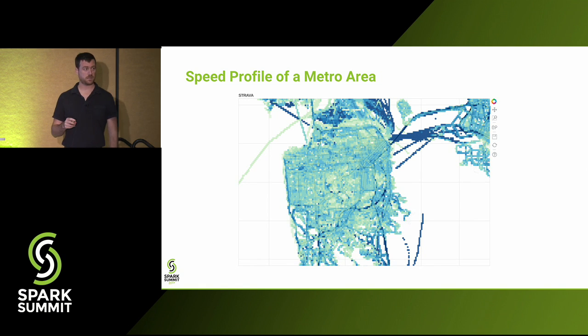So the thing that jumped out about this to me when I was looking at it was, first, it was kind of typical. It was to be expected. There were slower speeds in the city, though there were some pockets of speed in the downtown area. But the thing that really jumped out at me was that there seemed to be high-speed Strava activity in the water, which I found kind of interesting.